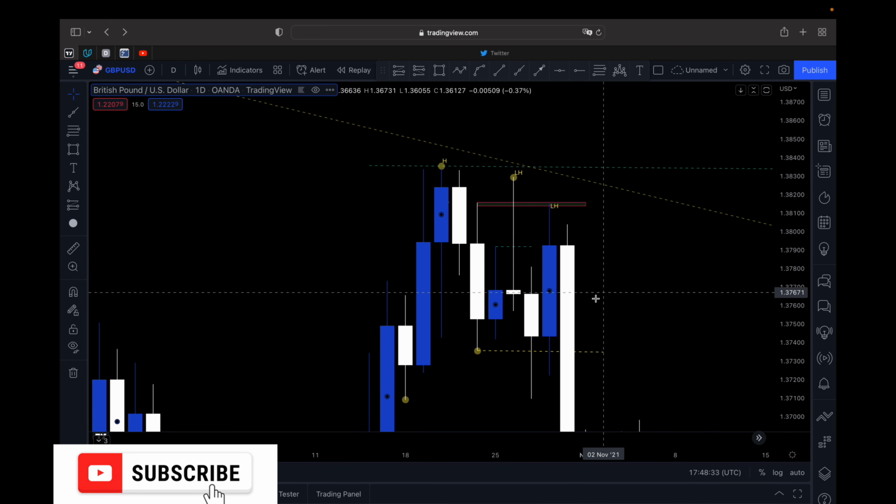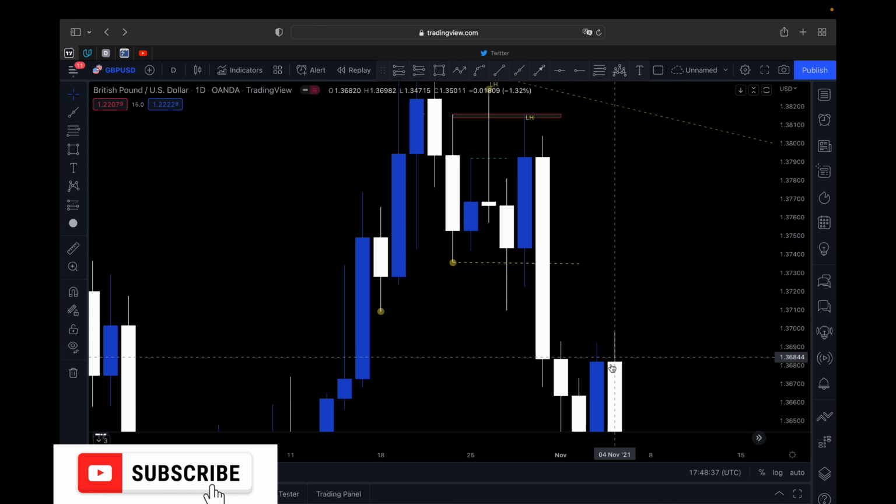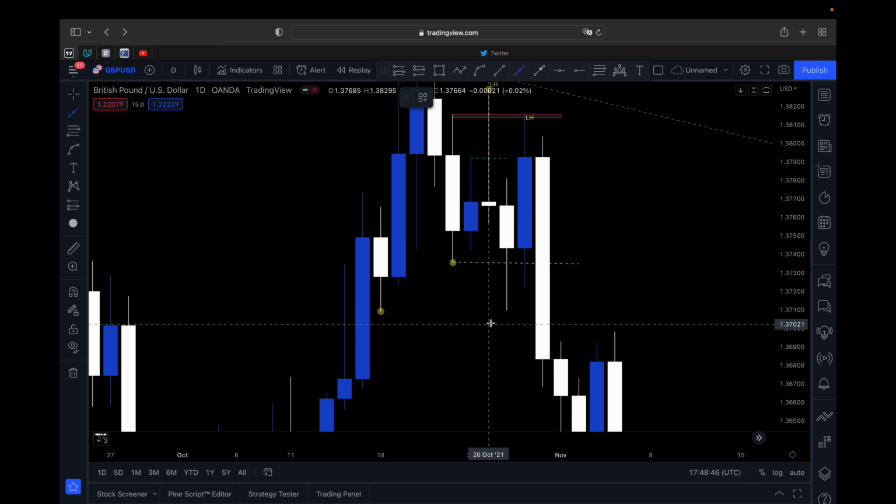And what happened after price created this lower high? You see the impulse movement down, breaking structure here, and there you go.